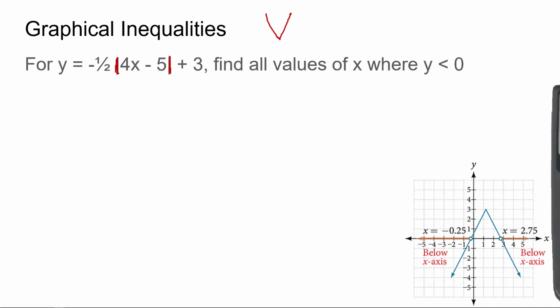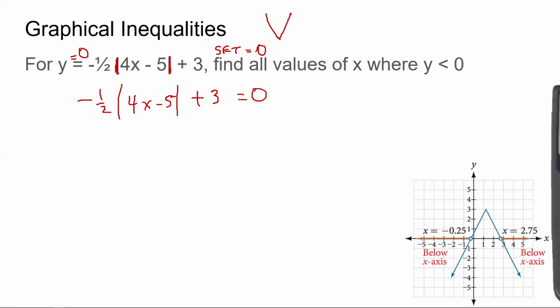So I'm going to set all this equal to 0. That'll give me negative 1/2, absolute value 4x minus 5, close absolute value, plus 3 equals 0. I'm looking for where y equals 0 because that's the point right there. And I probably shouldn't have colored that in, but you get the idea, right?